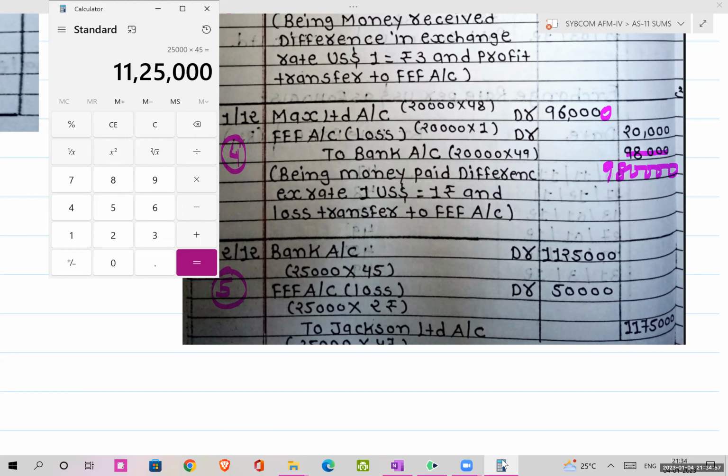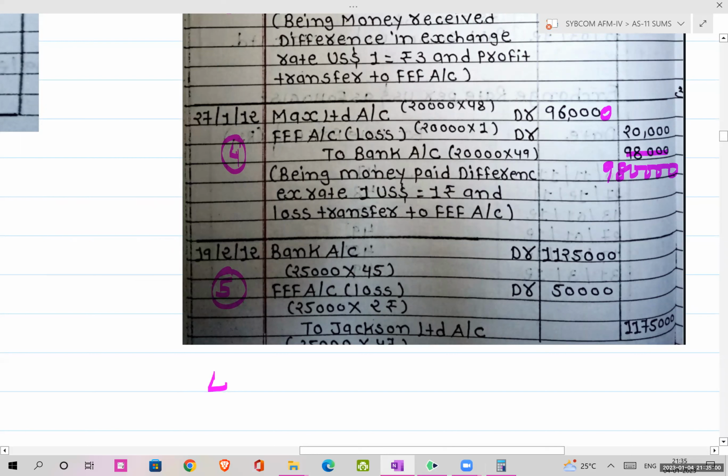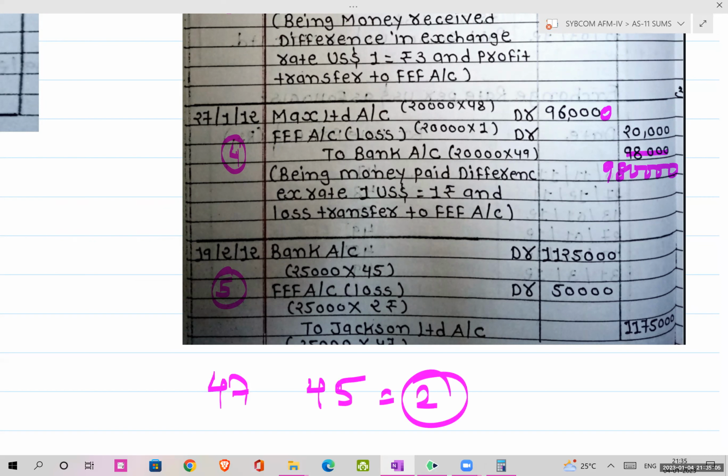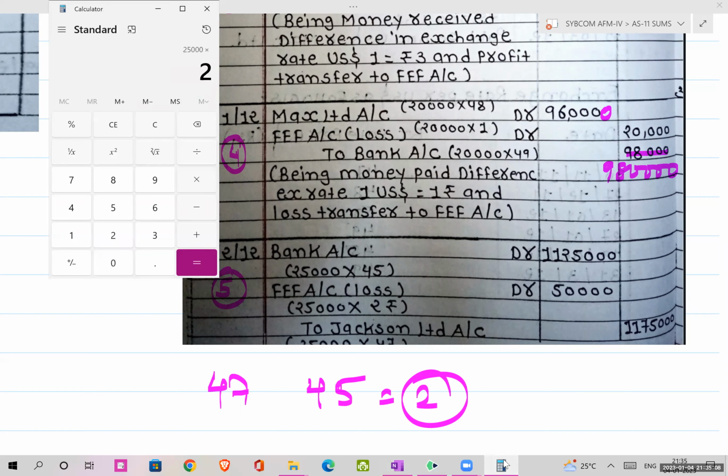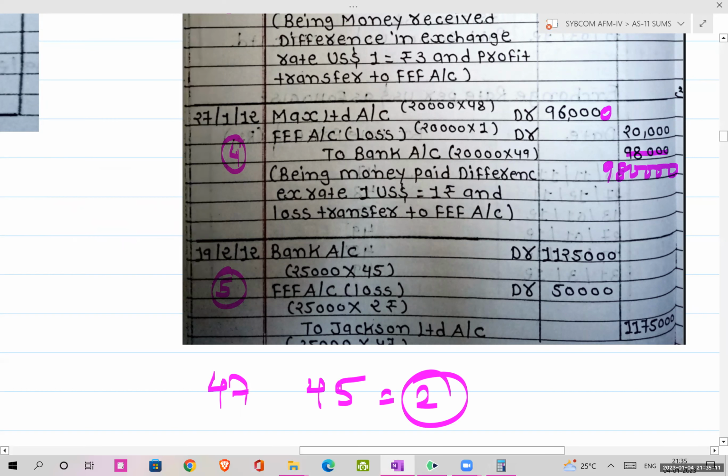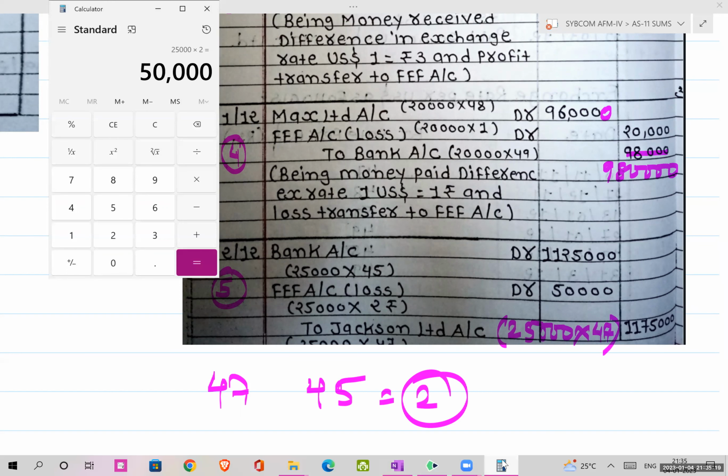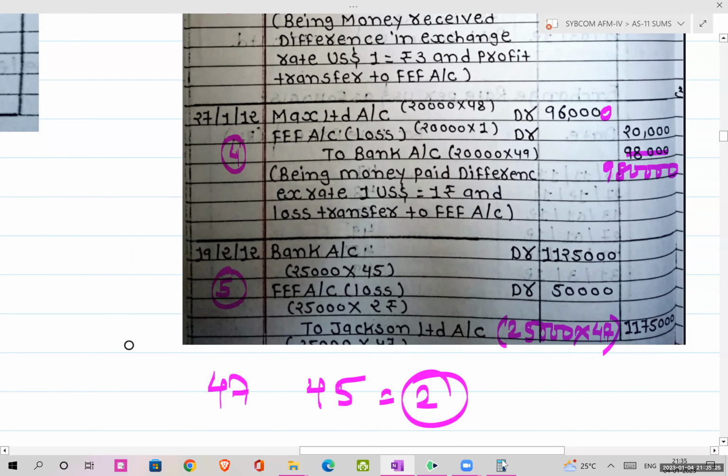Okay. और हमारा डील हुआ था 47 पे, 47, और मिल रहा कितना है 45, तो 2 रुपए का नुकसान हो गया, लॉस. ओके, so 25,000 into 2, 50, and here it will be 25,000 into 47, 11,75,000. Okay. Narration, being money received, exchange rate difference, $1 equal to 1 rupee, and loss transferred to FEF account.